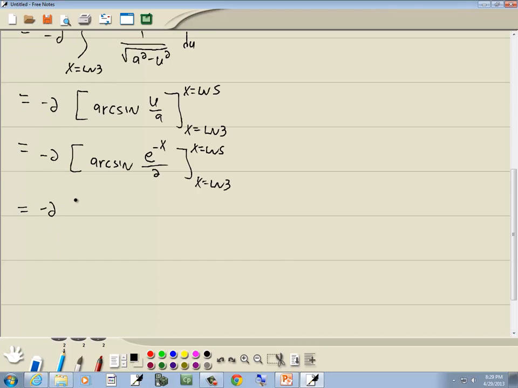Well, we'll plug those values in now. So we're going to have arc sine of 1/2 e, and then I'll plug in the natural log of 5 for the x. So I got e to the negative natural log of 5 minus arc sine of 1/2 e to the negative natural log of 3.